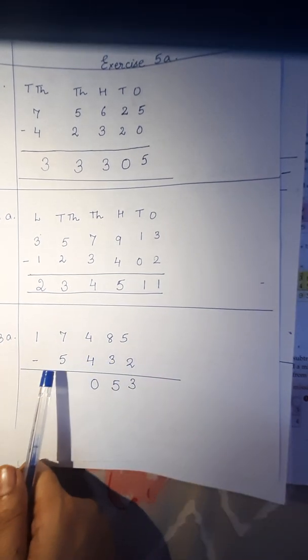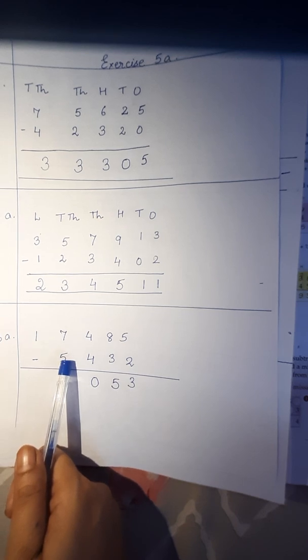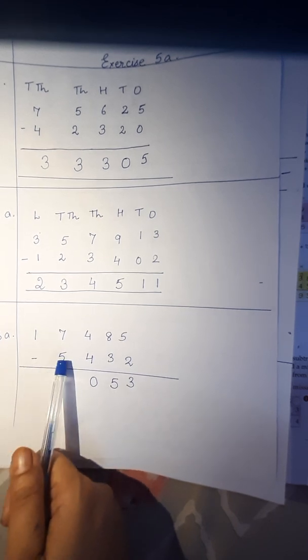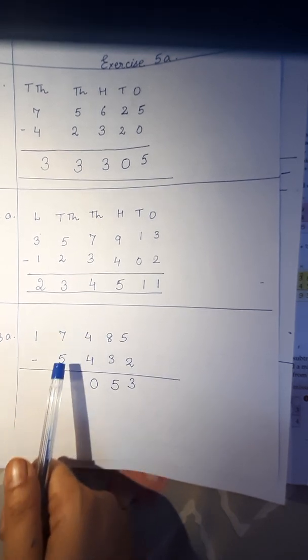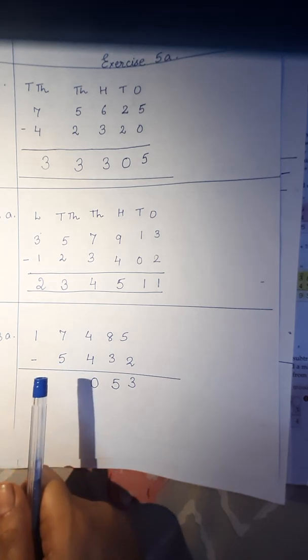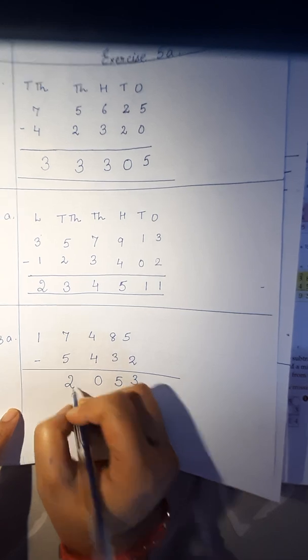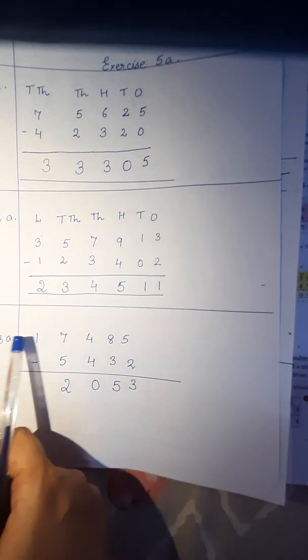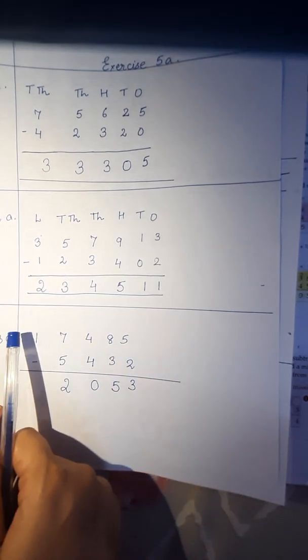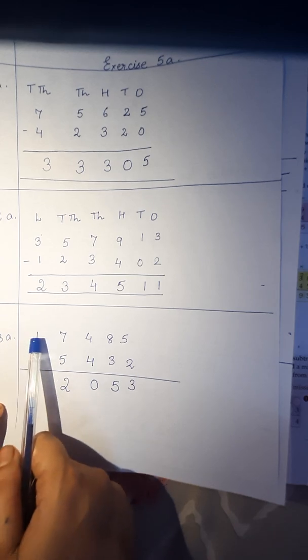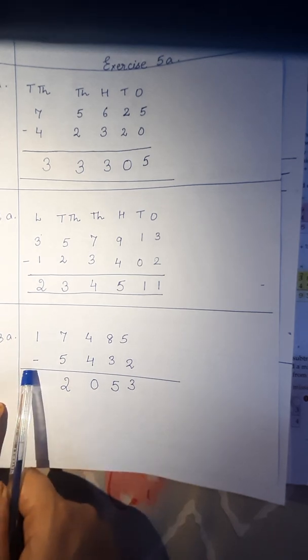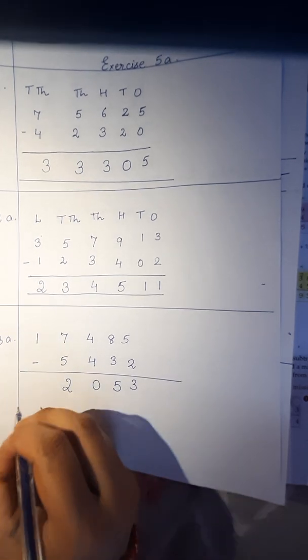Now next move to the digits which are at thousands place. Here at thousands place we have 7 and 5. When we subtract 5 from 7, we will get 2. Now children, at 10,000s place we have only one single digit, and that is 1. So here you have to write 1 as such.